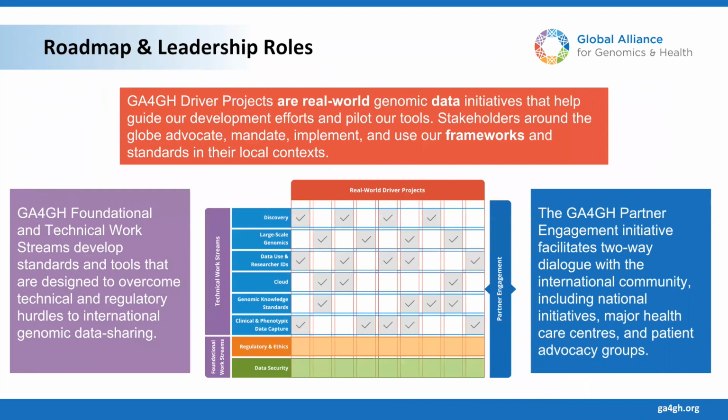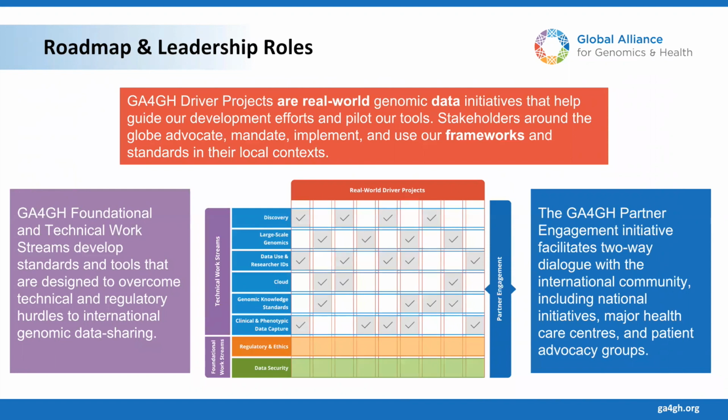Real-world driver projects are meant to be genomic data initiatives that are basically there to help guide and to pilot our tools. They are there to tell us what is needed by people who are attempting to bring genomics into healthcare systems. The foundational and the technical work streams receive that input, and they attempt to then generate specifications, APIs, implementations that will help to actually serve those standards.